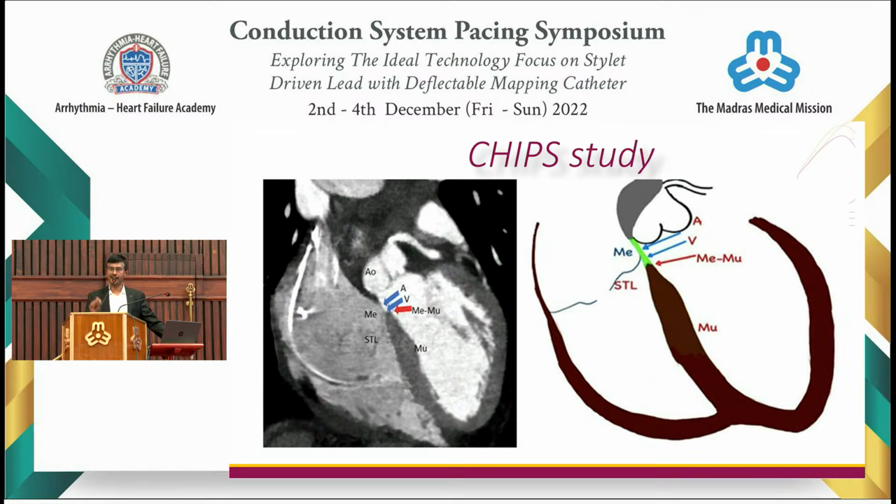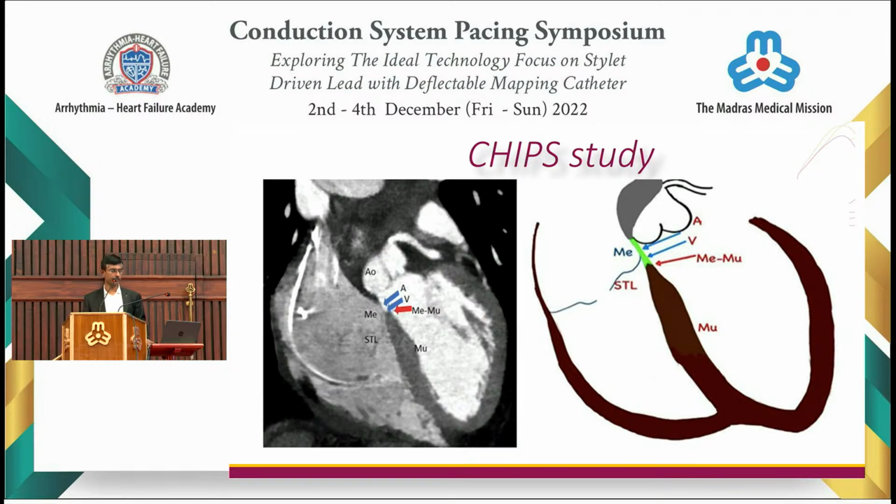Another important emphasis on conduction system pacing that we found should be rather on the membranous septum and the muscular septum. As we have seen from Kawashima's diagrams on the dissected specimens, it is this junction of the membranous and the muscular septum that is the highlight. If you could get to the junction of the membranous and muscular septum, that's when the success rates could be the maximum, irrespective of whether you're in the right atrium or in the right ventricle.